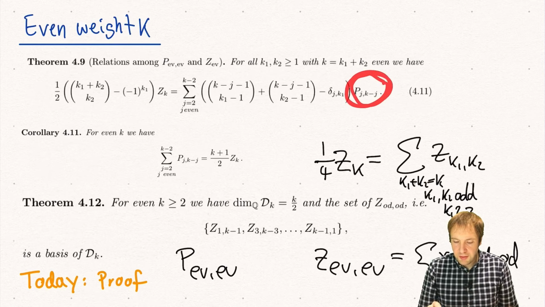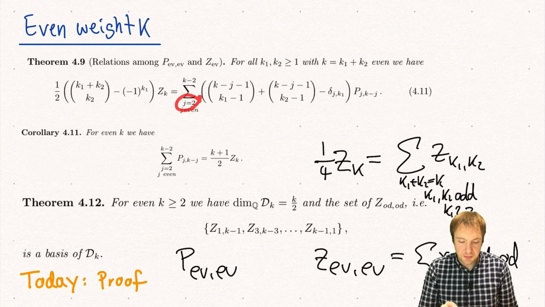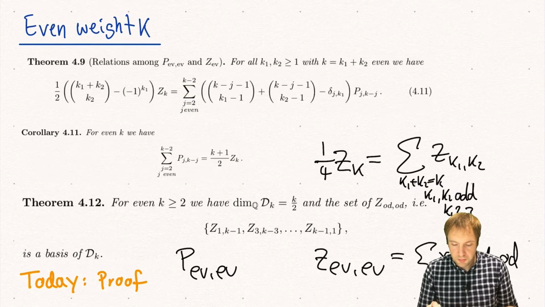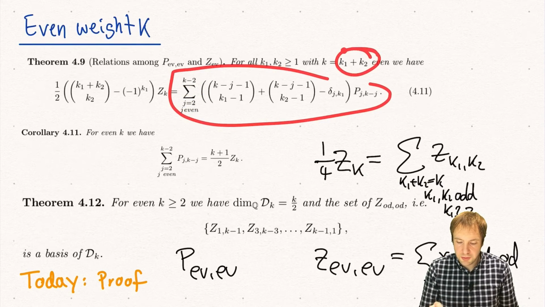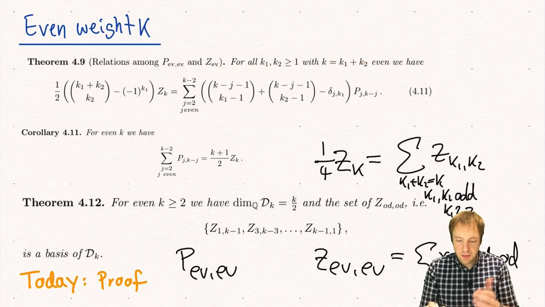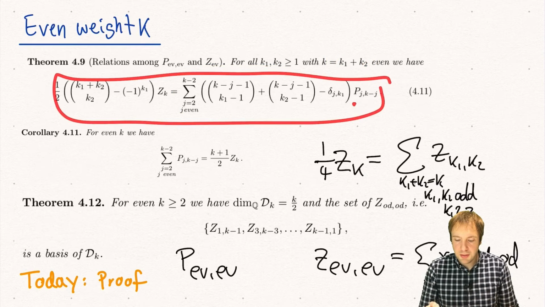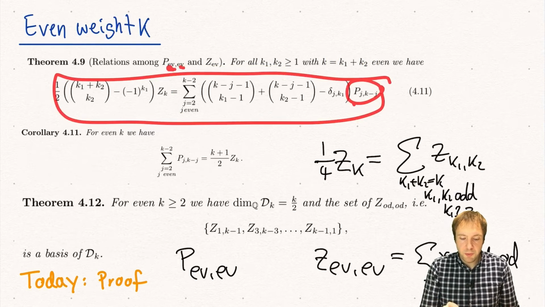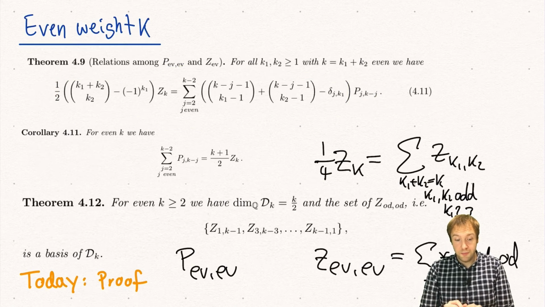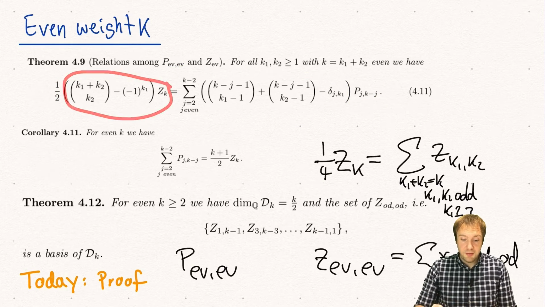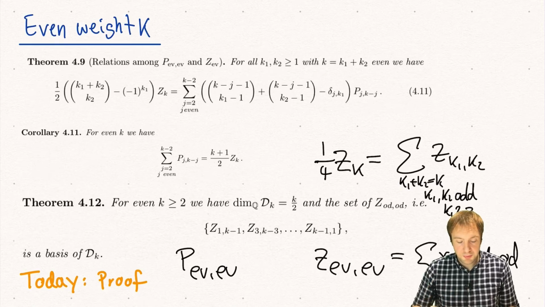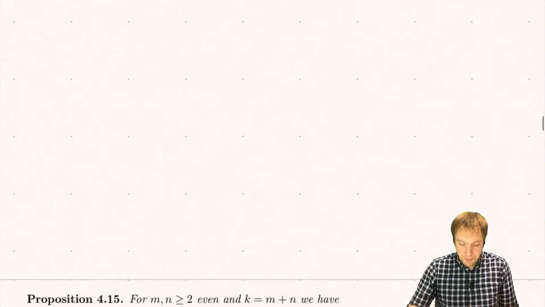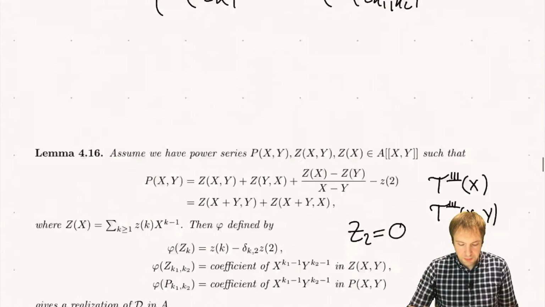We can erase the P where the K minus 2 is 2, so we can choose two different choices for K1 and K2 and get a relation among P even where both entries are greater or equal to 4 with zk's, and this is then used for the third statement of the theorem.